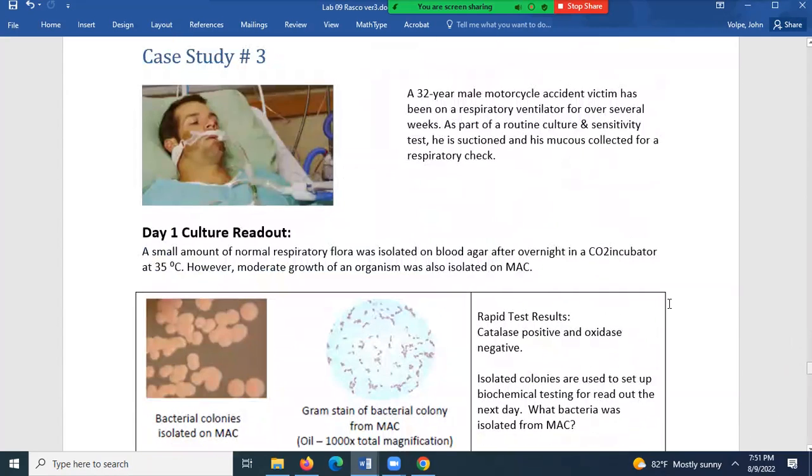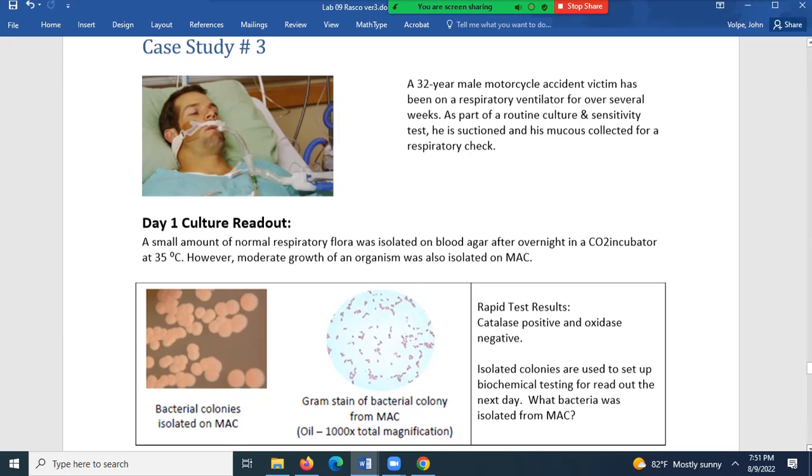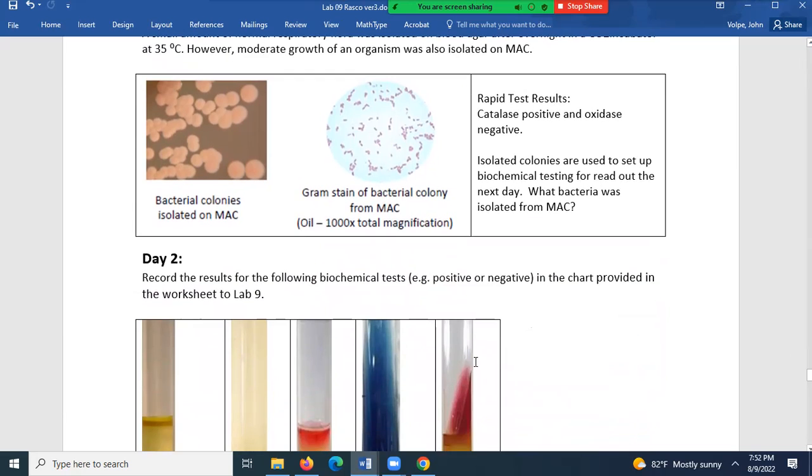All right, case study 3. This is a motorcycle accident victim. He's been on a respirator ventilator for several weeks. As part of routine culture and sensitivity, they suction him, his mucus is collected in a respiratory specimen, and then they test to see what bacteria he has. We see bacteria growing on a MacConkey's plate, colonies, and a gram stain.